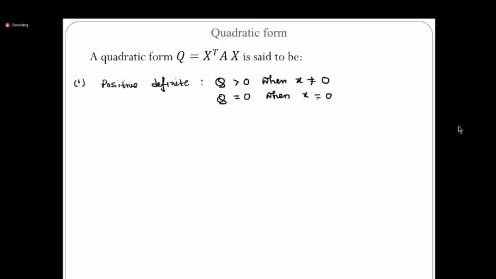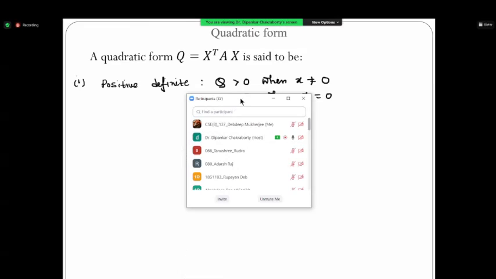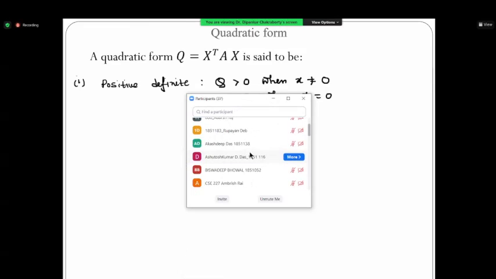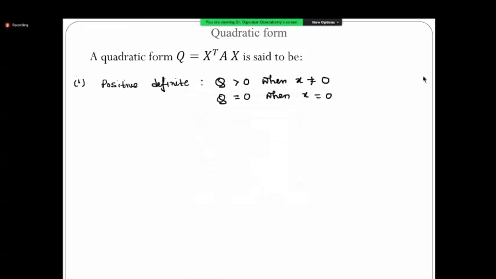That means for every non-zero value of X, the quadratic form always gives you a positive value, and if X is 0, then the quadratic form also comes as 0. So if you find this kind of quadratic form, it will be considered a positive definite quadratic form.